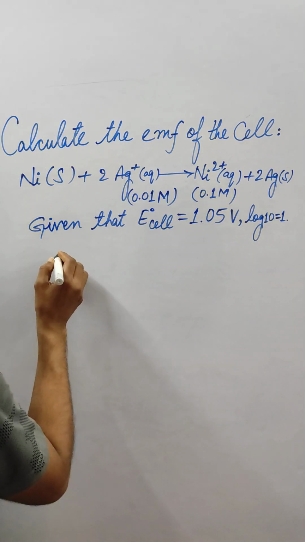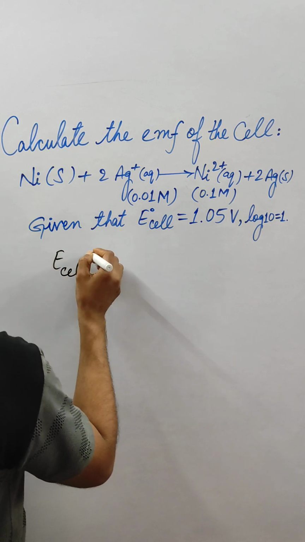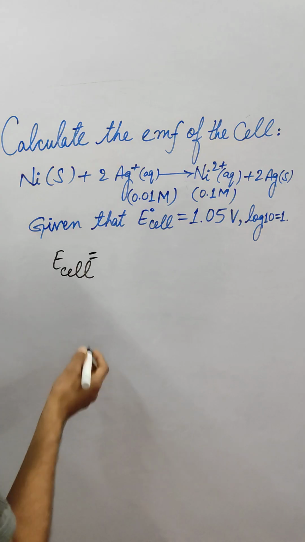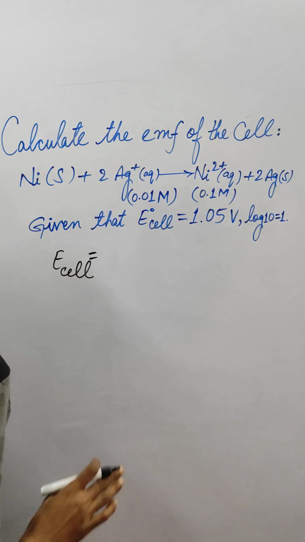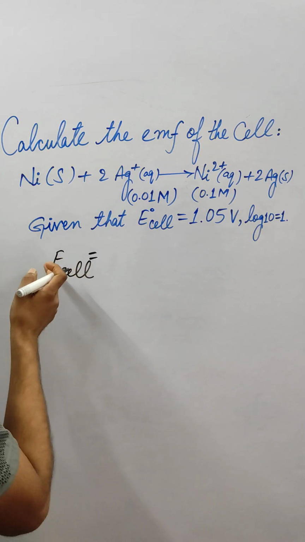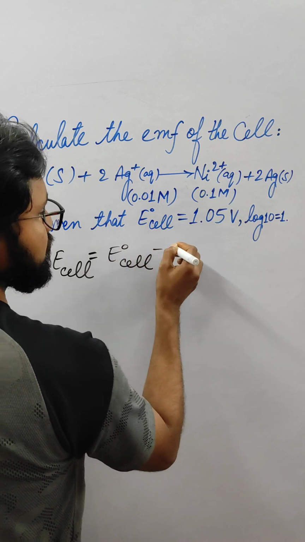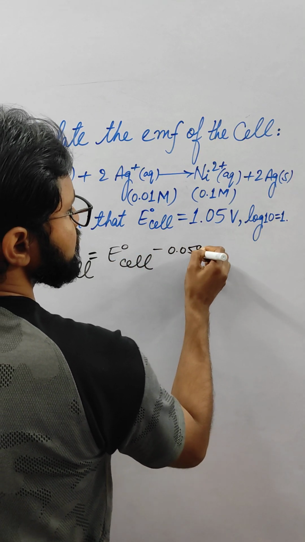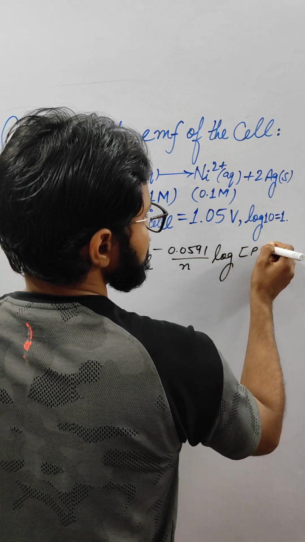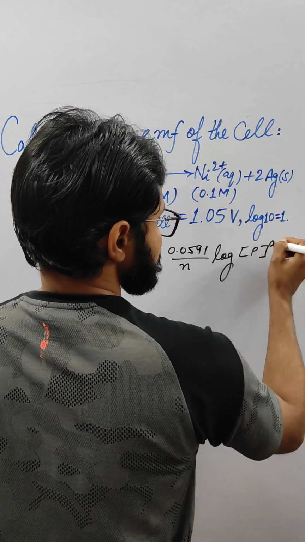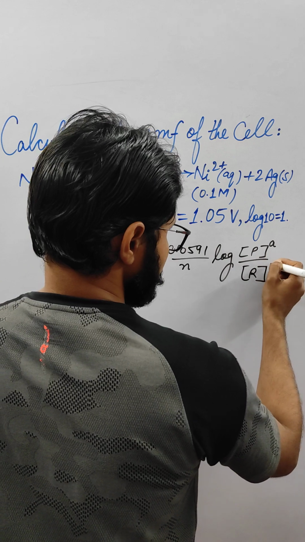So the EMF of the cell, that is our E cell, is given by the Nernst equation. From the Nernst equation we get the formula: E cell = E° cell minus 0.0591 upon n log of concentration of product raised to the power of its stoichiometric coefficient upon concentration of reactant raised to the power of its stoichiometric coefficient.